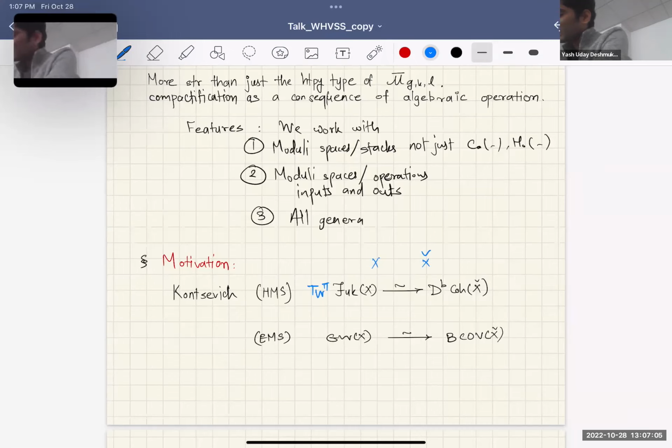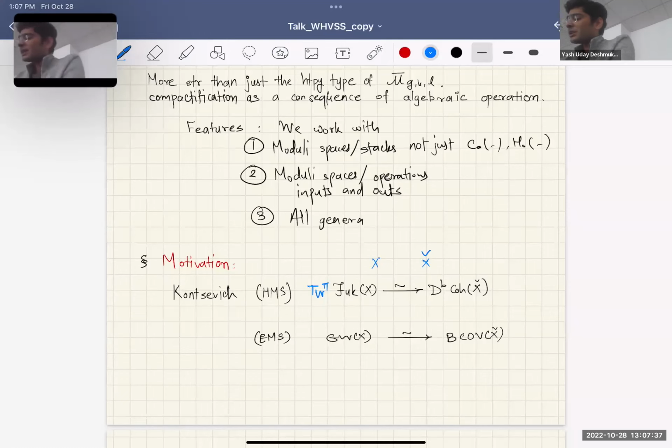So the point is, it gives an equivalence between the Fukaya category of X and the derived category of coherent sheaves of X check. But if you look at how mirror symmetry appeared in mathematics, one of the first instances was actually an equivalence between some numerical invariants. For instance, the first computation used the prediction that Gromov-Witten invariants of genus 0, namely counts of rational curves in your symplectic manifold, should match with the period integrals of the mirror.